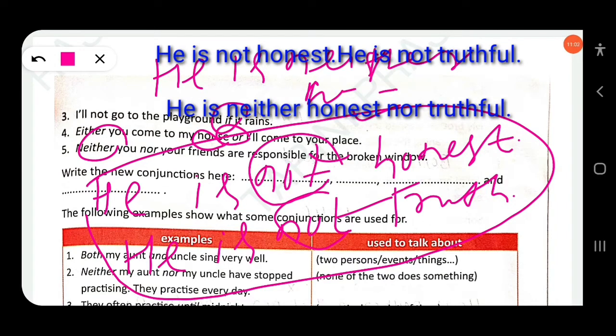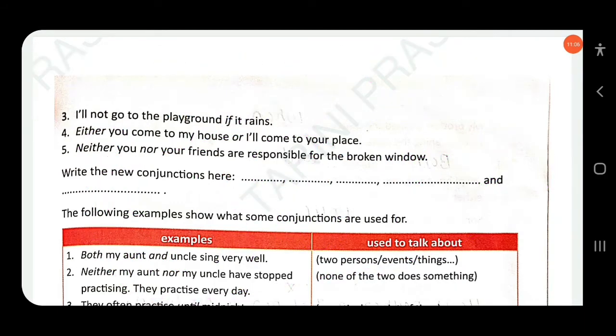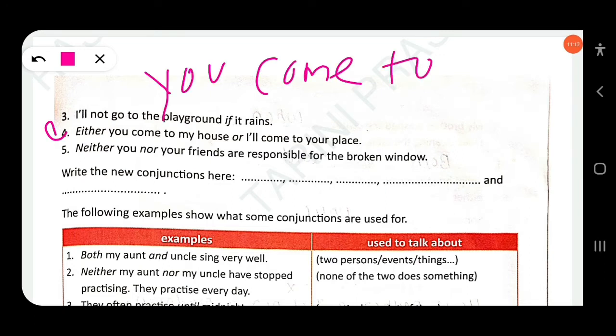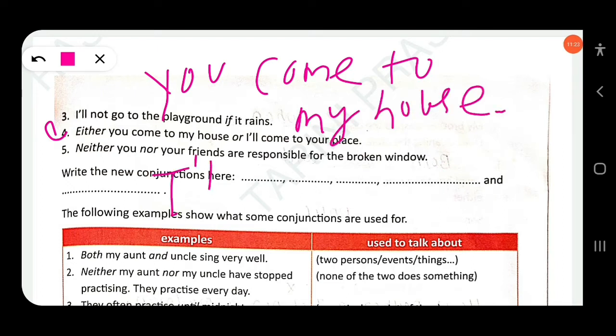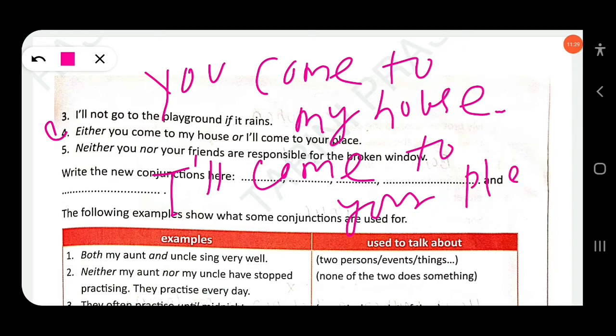Both sentences here are negative, but we use either or when two sentences are positive. Just look at sentence number 4: you come to my house, I will come to your house. Here these two sentences are positive.